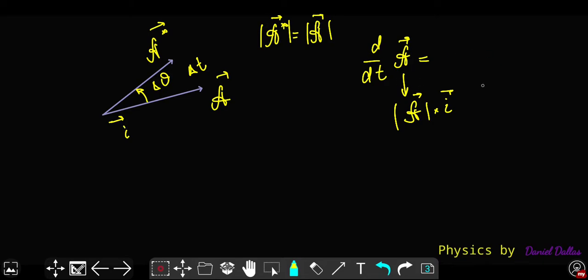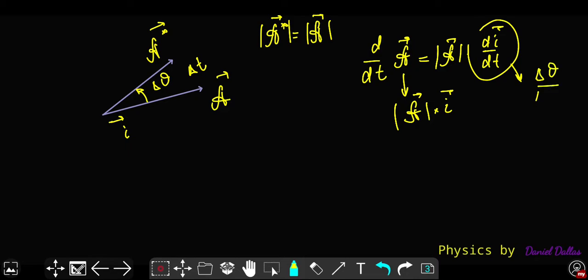So if you differentiate, you actually need to apply the operator of differentiation to the i's. In that case, you'll get something like this, right? And as you understand, because the length of the vector is not changing, the magnitude is not changing, however the direction is changing, it leads to omega, because in that case the vector changes its direction by the angle delta theta over time delta t.